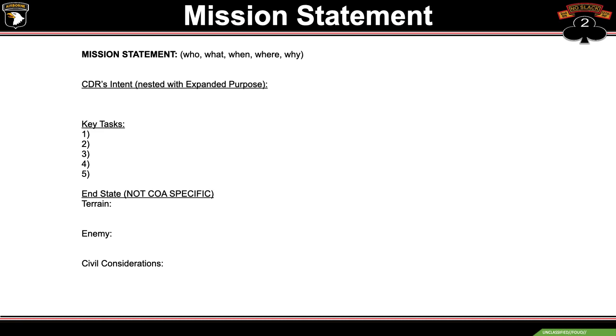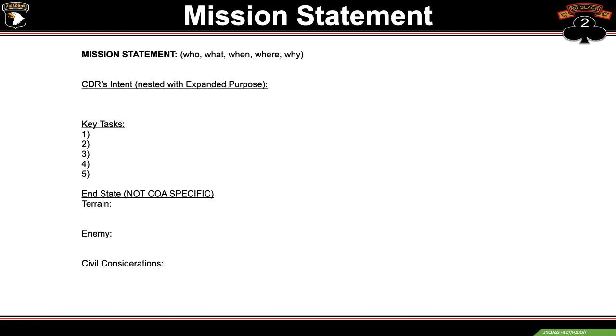What kind of effect, or after the operation, what should the terrain generally look like? Who's in control of that terrain? Do we want the enemy destroyed? Do we want them just pushed out of the area? And then civil considerations such as collateral damage or the general populace, the win the hearts and minds kind of deal. As far as what do we want out of the civilian piece to this.